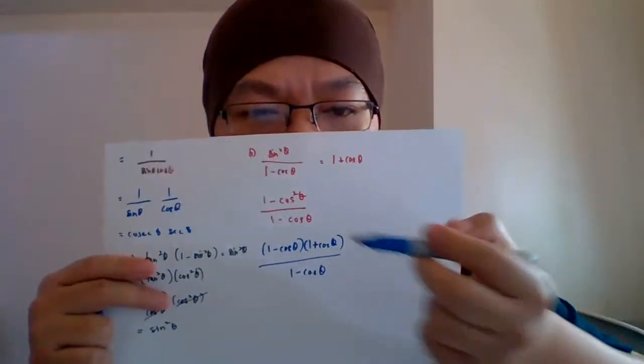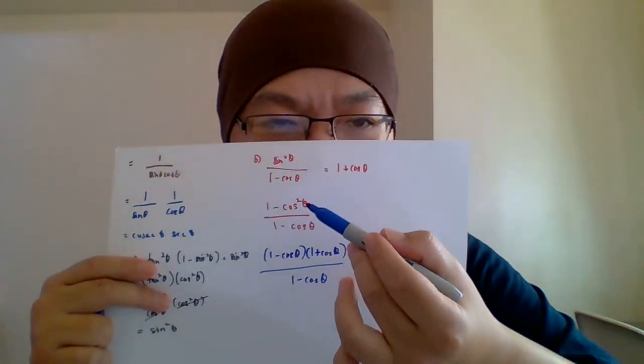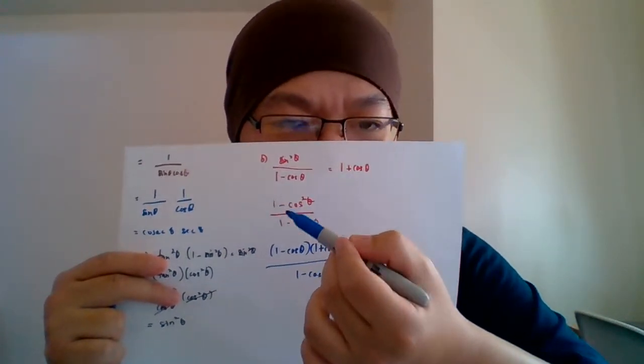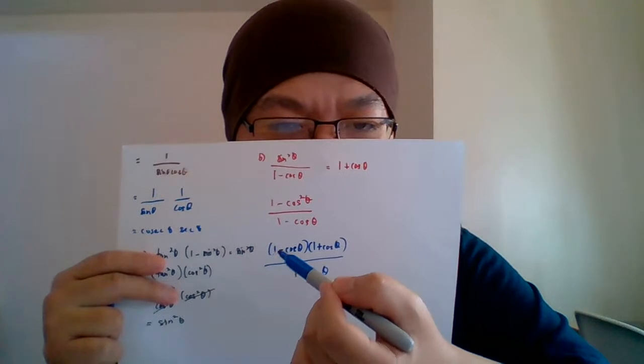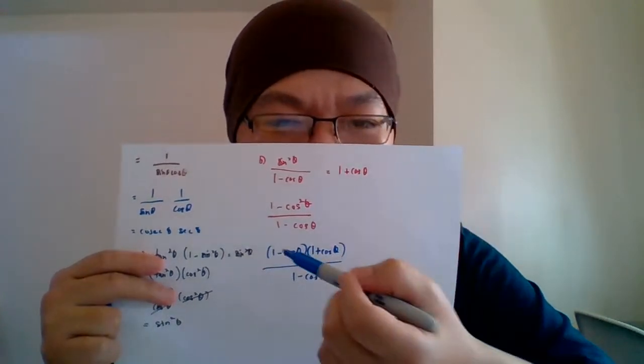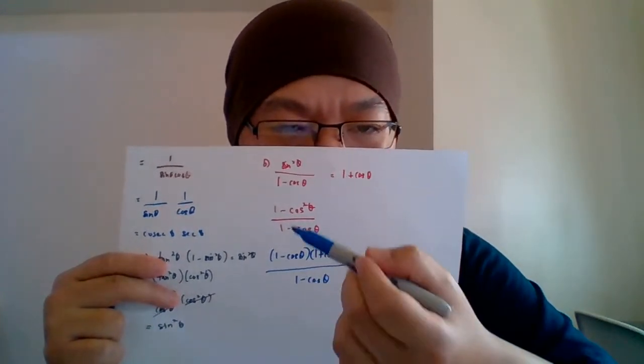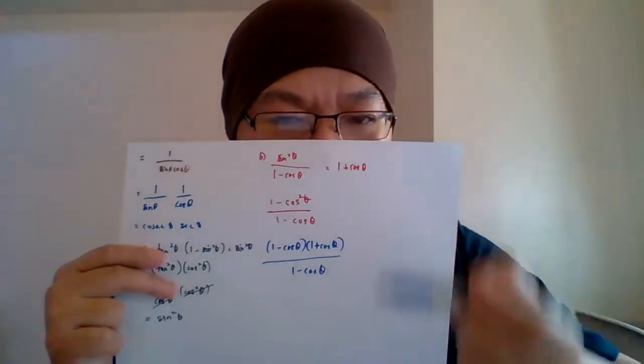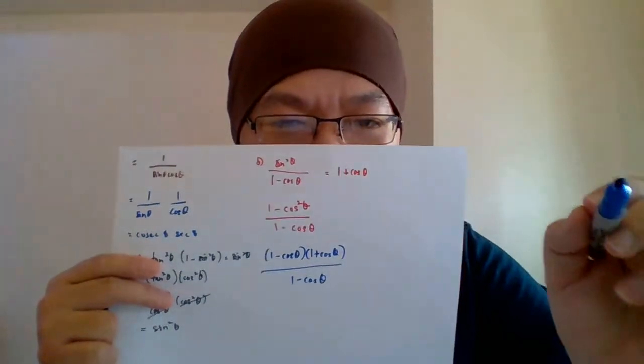So you see, from the 1 minus cos squared theta, we expand it because this is like a squared minus b squared, right? So it becomes a plus b, a minus b. That's what I mean here. Over this here. Okay guys, what can we do next?